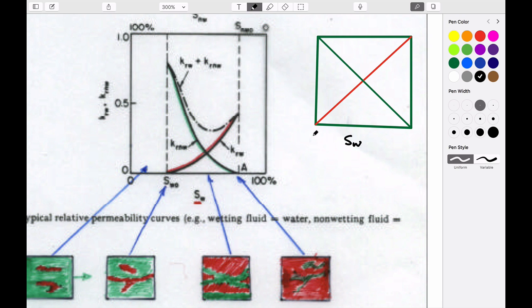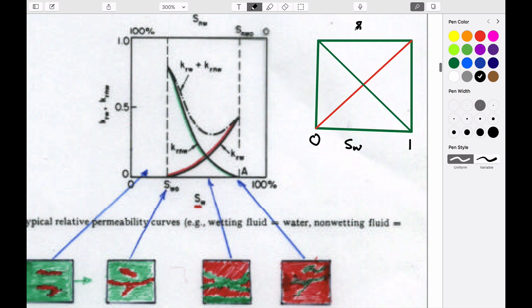Saturation of the wetting fluid, 0 to 1. Saturation of the non-wetting fluid from 0 to 1. That's basically the expression that we drew before. And so these were these X curves, so-called X relative permeability curves. And this is relative permeability, which varies from 1 to 0.